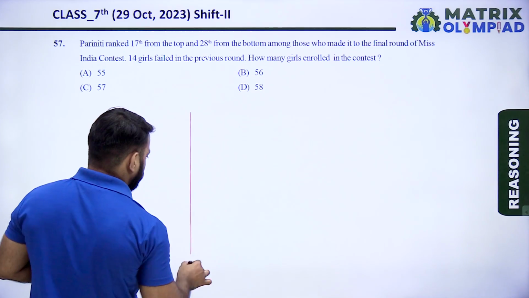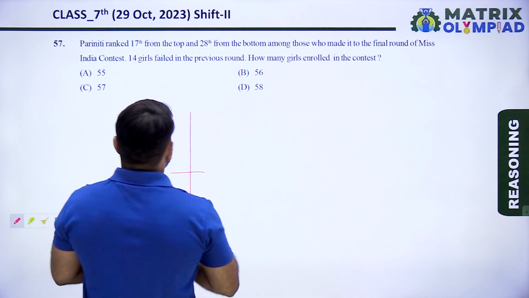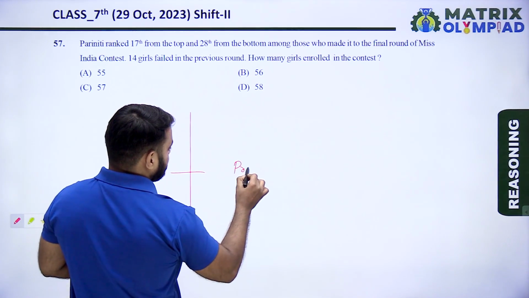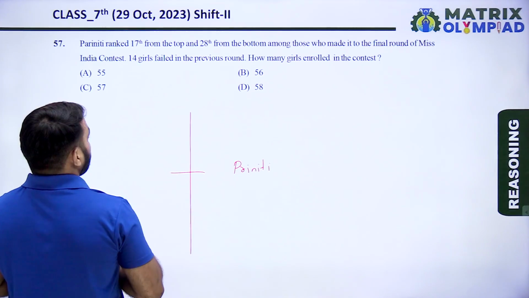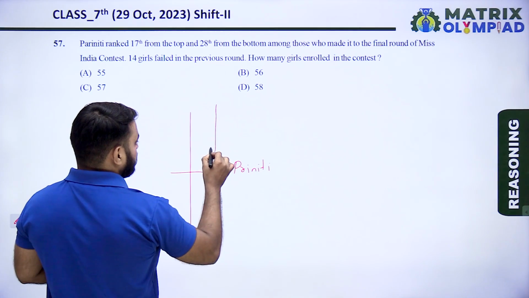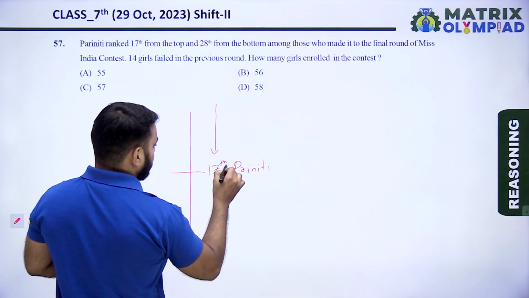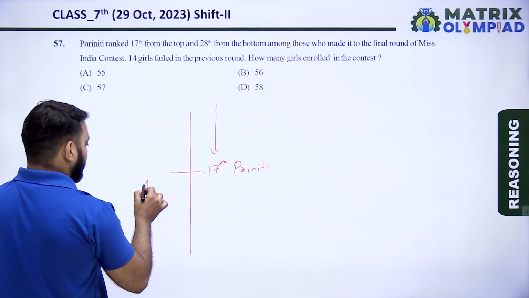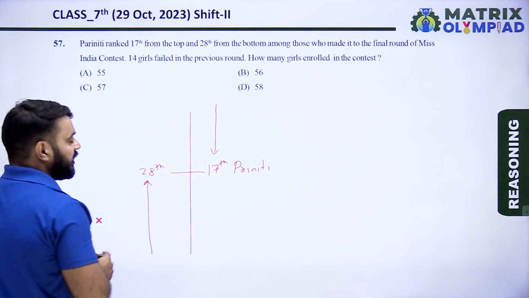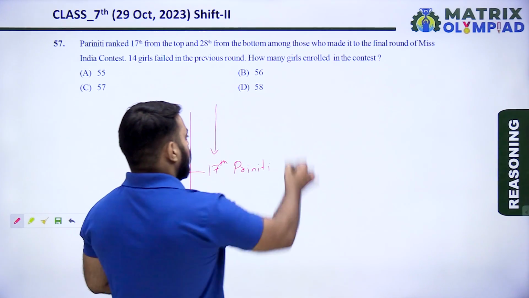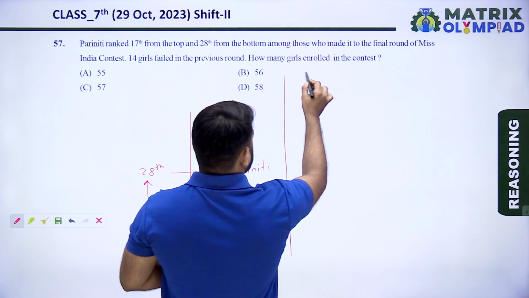So according to the question, Pariniti's rank in the final round from the top is 17 and from the bottom is 28 in the final round. So find the total girls in the final round.